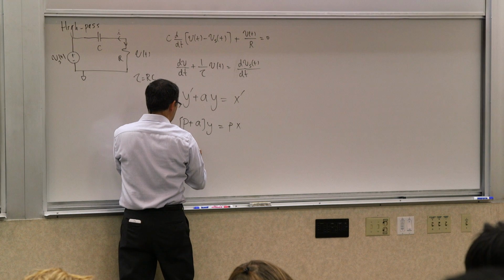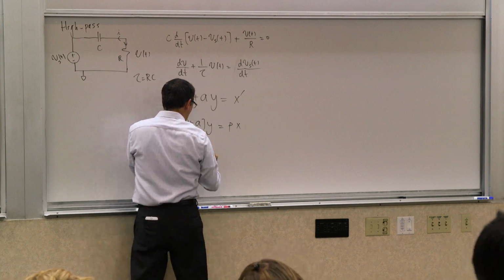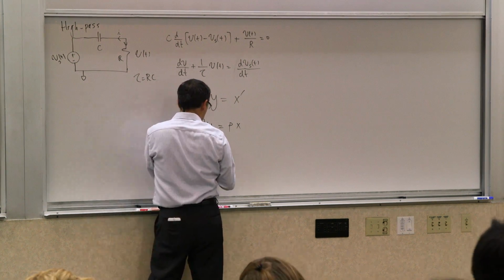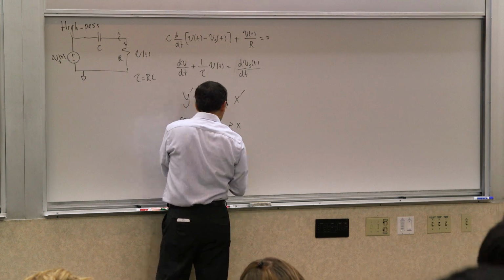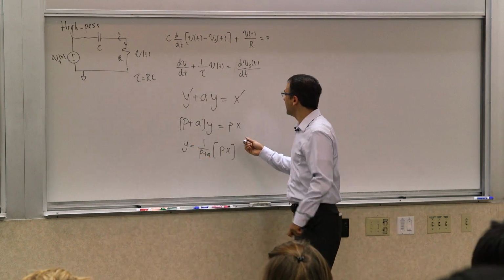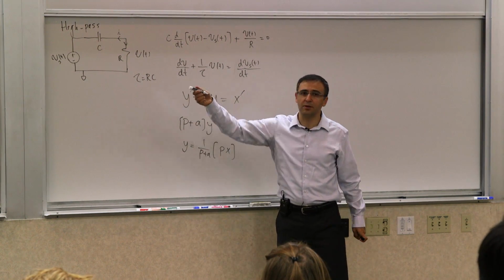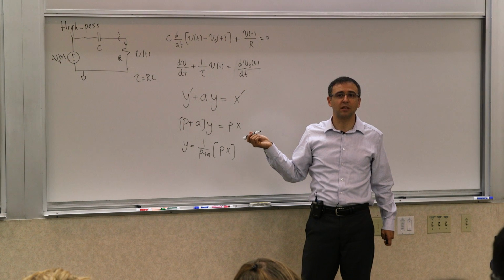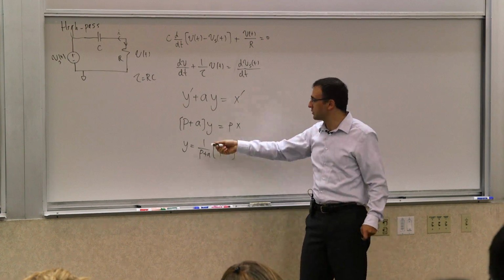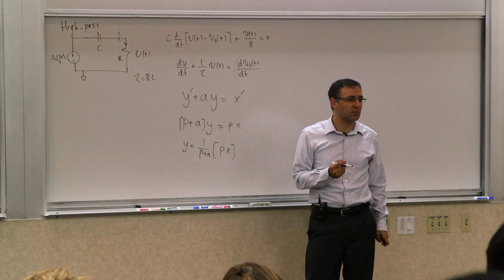So I can think of this as saying, okay, well, y is that operator 1 over p plus a applied to p of x. So one way to think about it is say, well, look, I don't care. It's a new function. It's just a derivative of whatever the input is. And then I apply that operator that we calculated, that inverse operator, low-pass operator, to this to calculate it. That's one way to think about it.